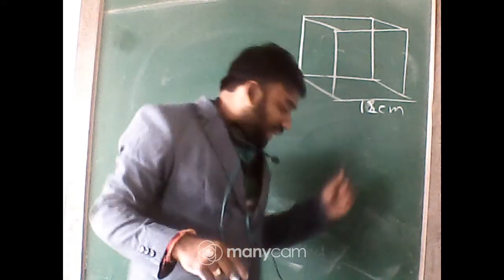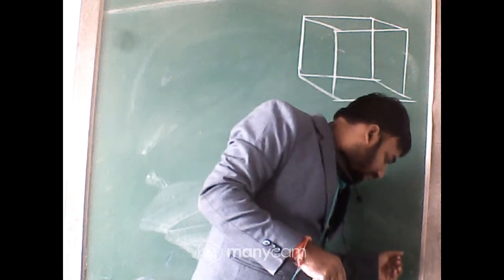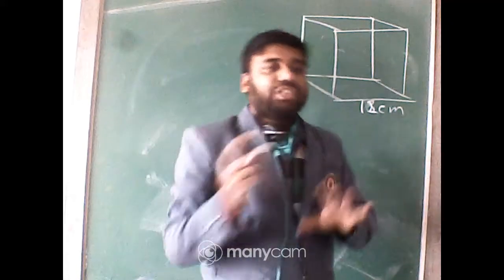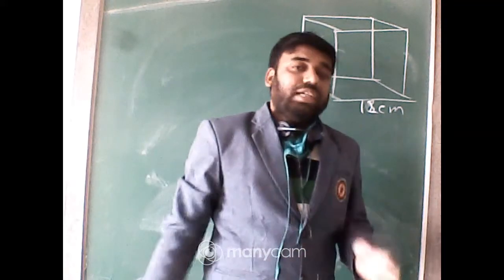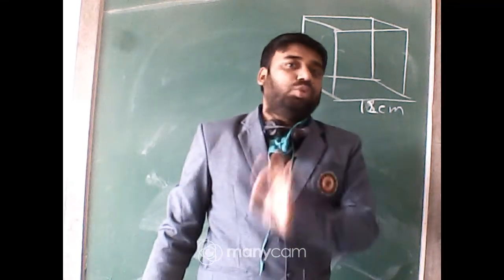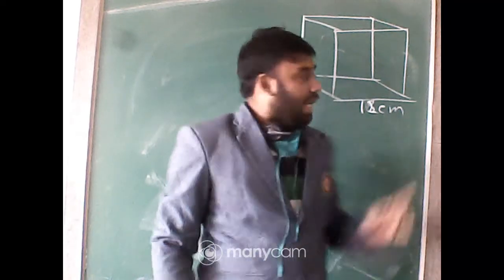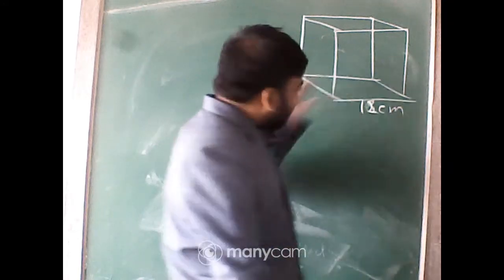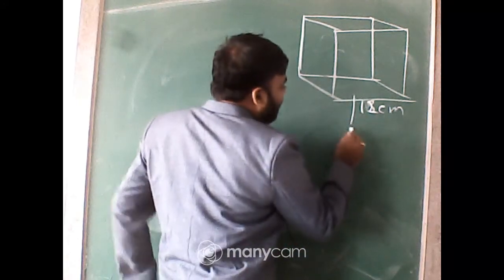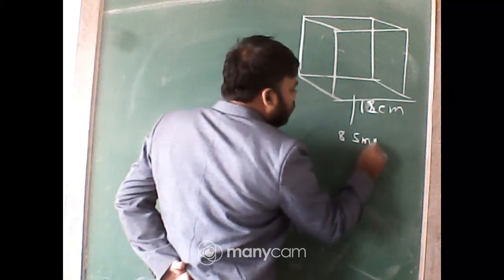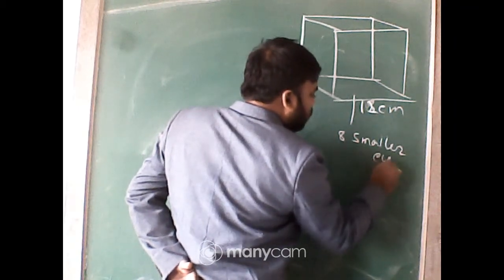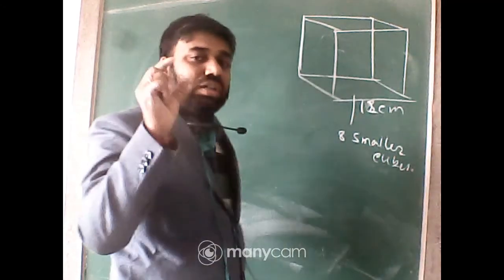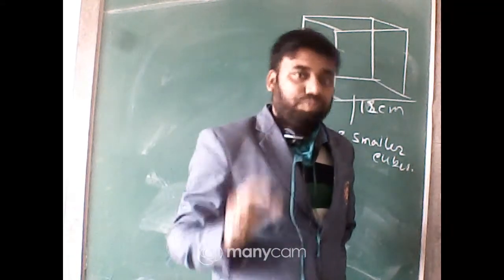Now when this type of question is given, that 8 cubes are made from one sphere, or 8 cubes made from one cylinder, then this sum is related to volume. By melting or any other process, from this cube we make 8 smaller cubes. So the smaller cubes are the new cubes.